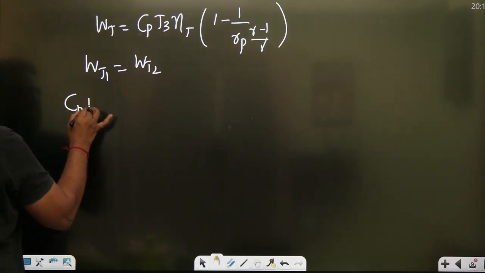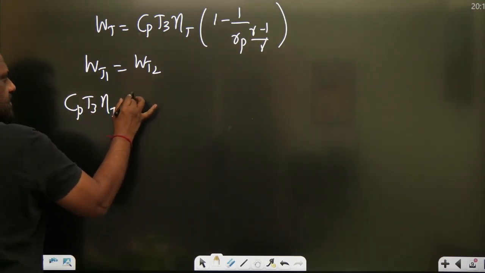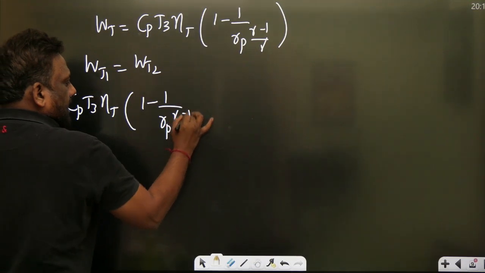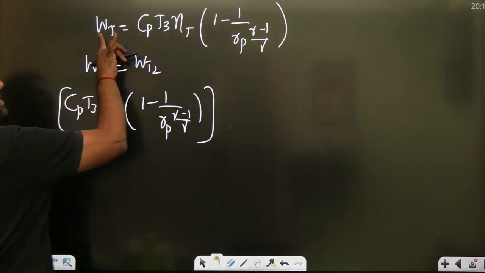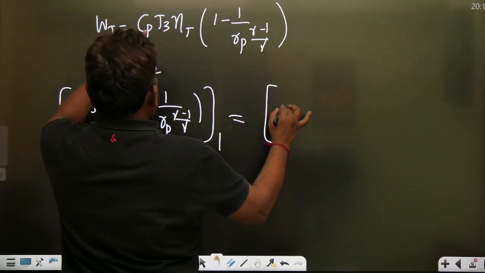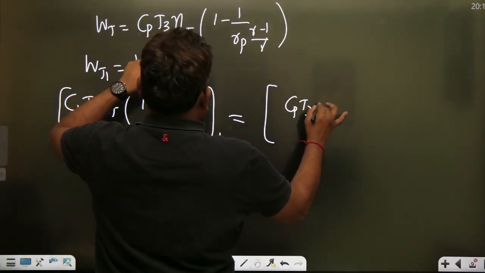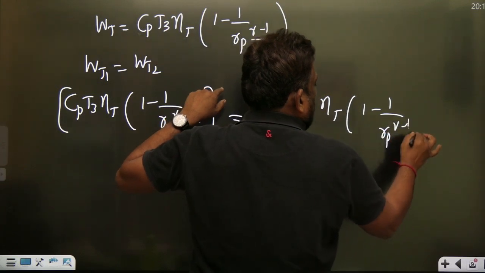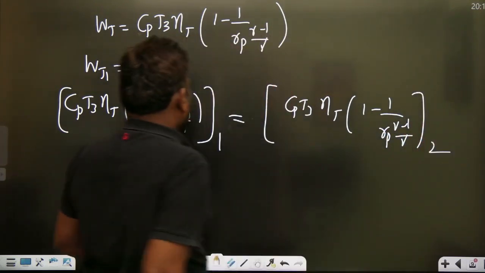Therefore, CpT3 turbine efficiency 1 minus 1 by Rp power gamma minus 1 by gamma, this is the first case, the first turbine work, is equal to the second case: CpT3 turbine efficiency 1 minus 1 by Rp power gamma minus 1 by gamma in the second case.